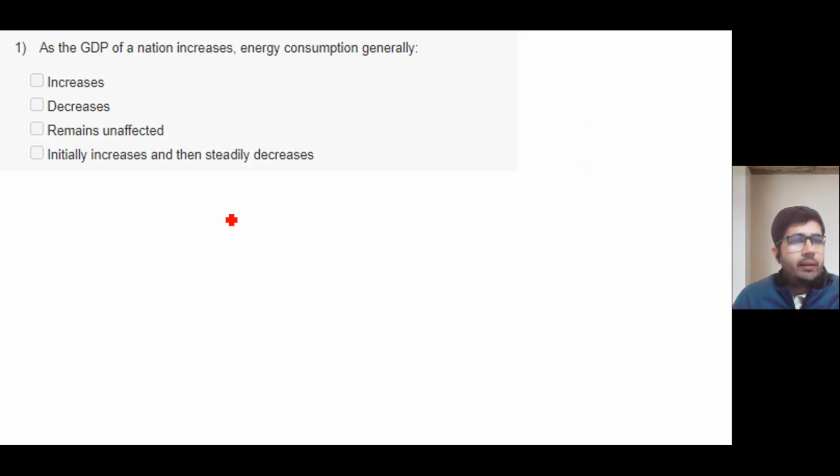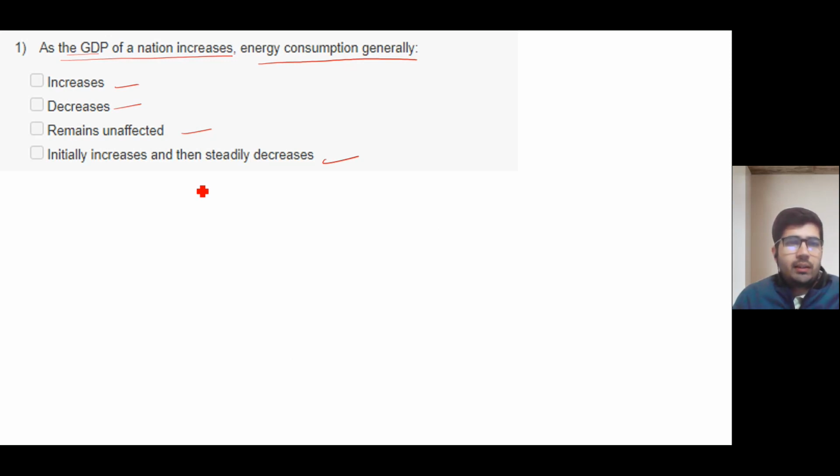From this data, we can solve one simple question. As the GDP of a nation increases, energy consumption generally what? The options are increase, decrease, remains unaffected, or initially increase, then slightly, then steadily decrease.